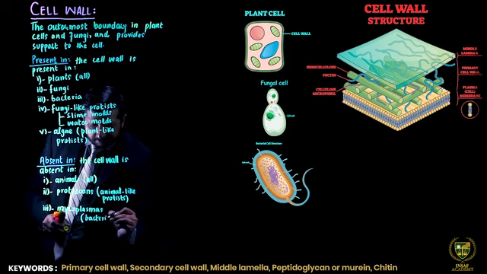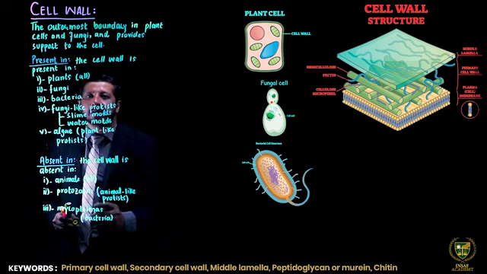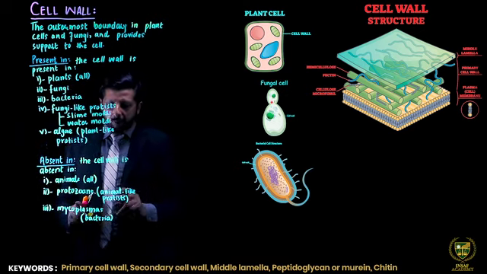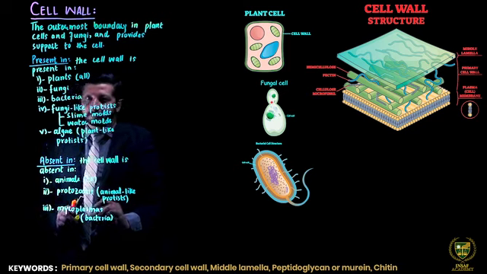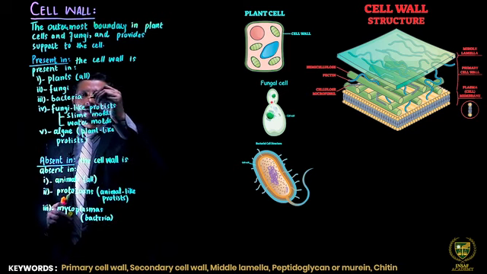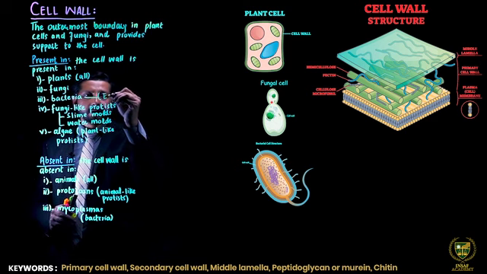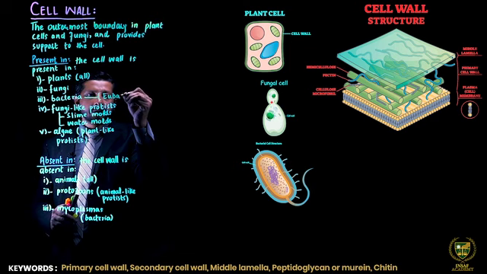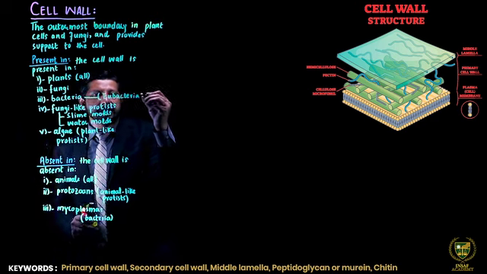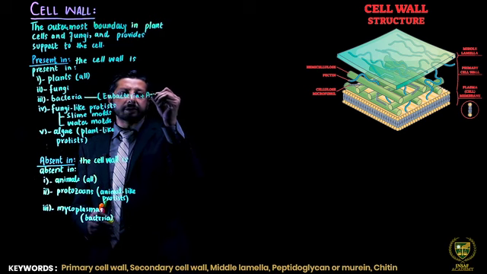So except the mycoplasmas, all bacterial cells have the cell wall except the mycoplasmas. Clear? So bacteria includes both categories. The eubacteria, clear, as well as the archaeobacteria.